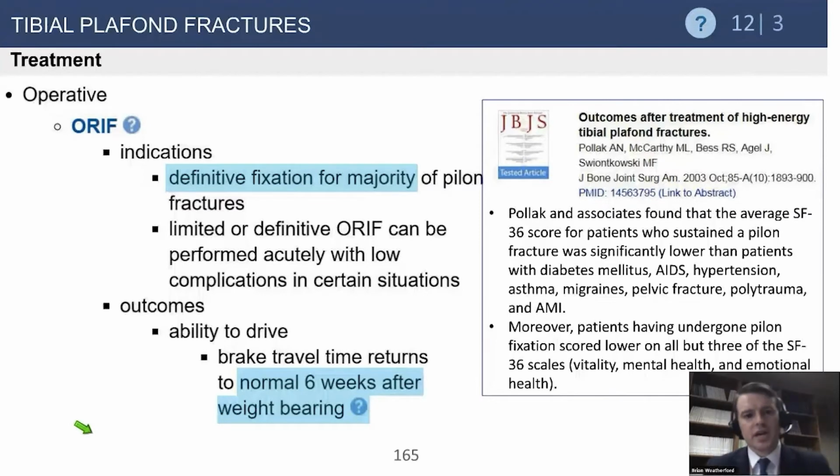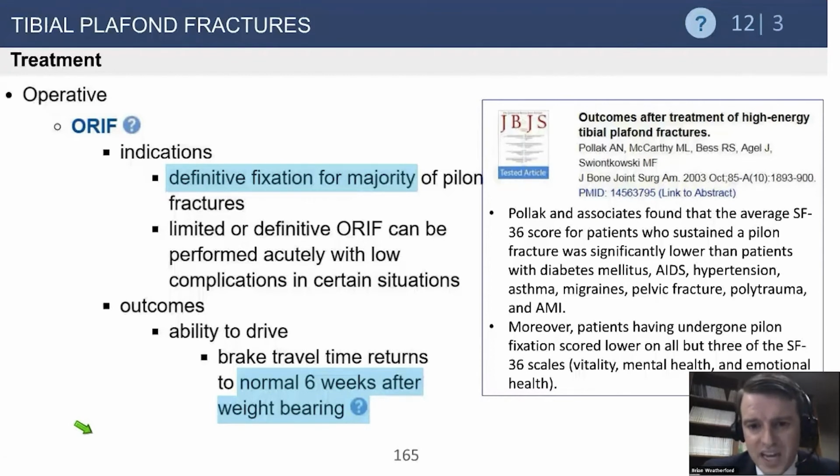Okay, so again, getting into the treatment of these injuries. This is a great study. I would encourage you guys to take a look at this if you get a chance. This is in JBJS in 2003. It's a study between Shock Trauma and Harborview, done in the early 2000s, looking at the treatment of these severe tibial plafond fractures. This was the basis for what we talked about earlier, the slide that shows that there are worse outcomes in patients that have significant medical comorbidities, as well as patients that have a lower level of education and lower level of income.